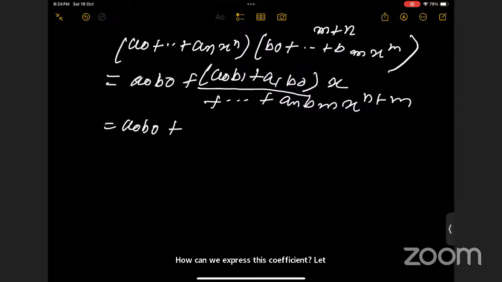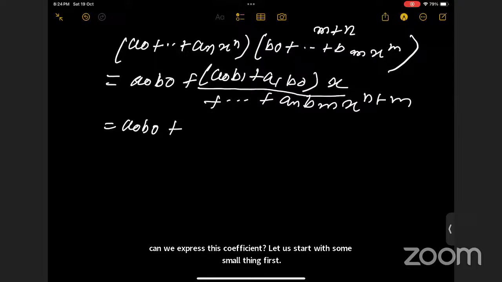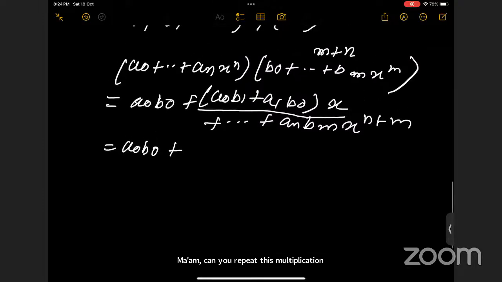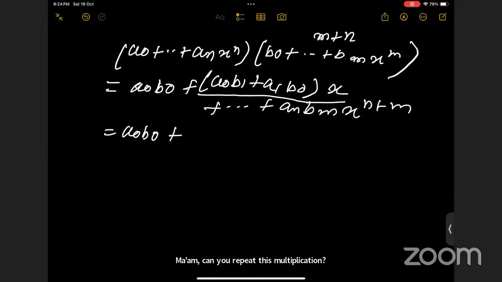In the case of multiplication, we will do it term by term. We will multiply all the terms of p with all the terms of q, and then we will get this type of form. After the constant term, we need to check the coefficient of x.